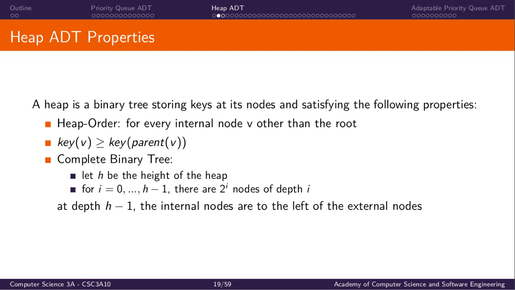What it says is that at each level, we'll have the maximum amount of nodes, except possibly the last one. So for a tree of height h, at all the depths from 0 up to h minus 1, so from the root up to the second deepest level, we will have the maximum amount of nodes, but possibly at the last one, we won't.